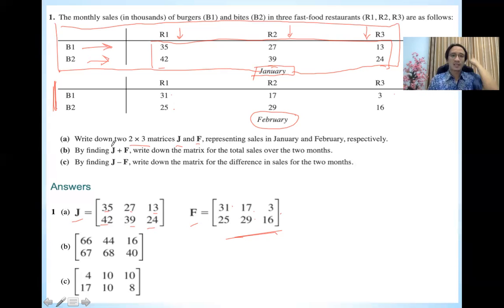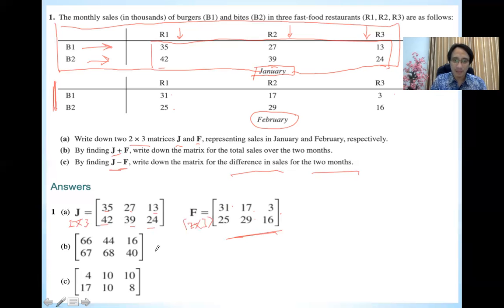That's it. And then this is actually how the simple operation of matrix used in application of economic and business. So if we have 2-month sales, January and February, then we can either find J plus F, the total sales in January and February, and also we can calculate the difference of sales for 2 months with J minus F. Because it has the same order, then we can add or subtract it. 2 times 3, 2 times 3.